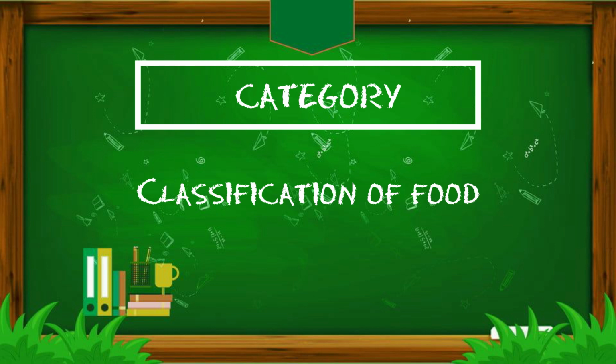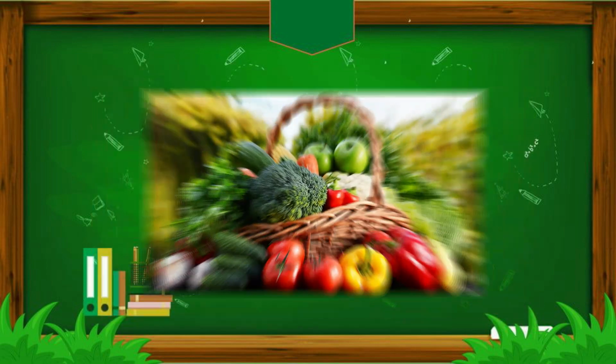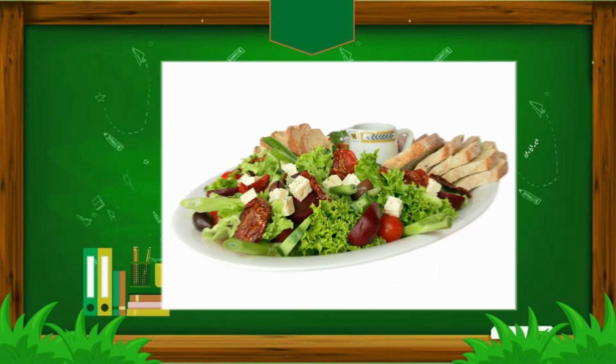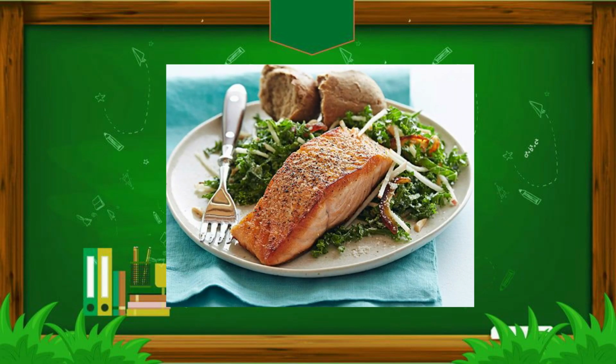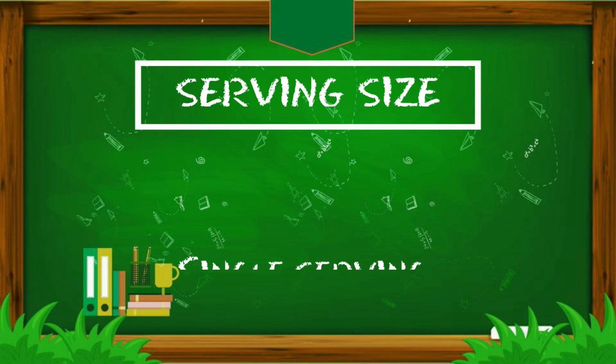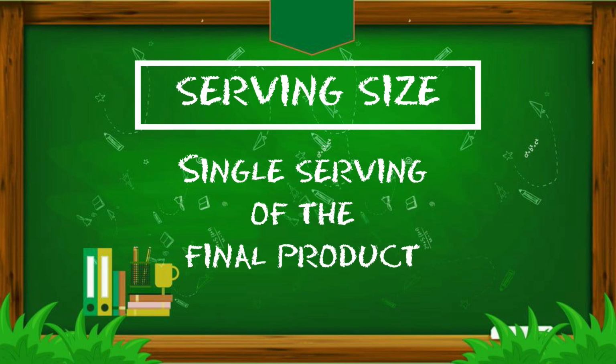This is the classification of food, whether it is fruit, vegetables, salad, main dish, appetizer, or side dish. Next part is the serving size. This is the single serving of the final product.